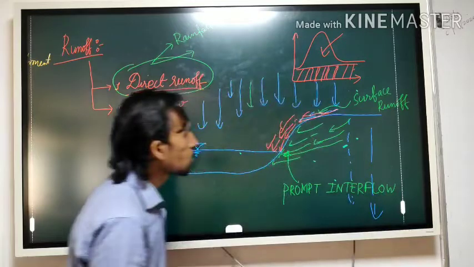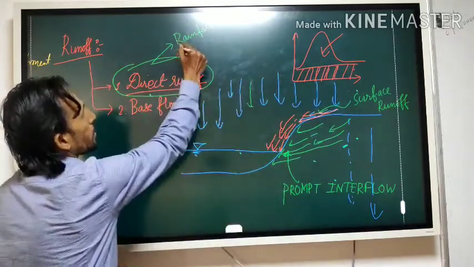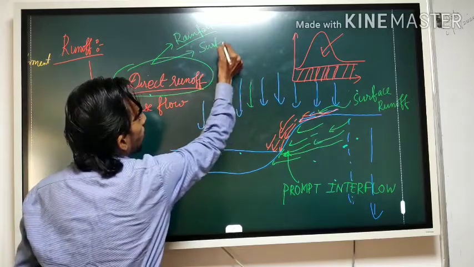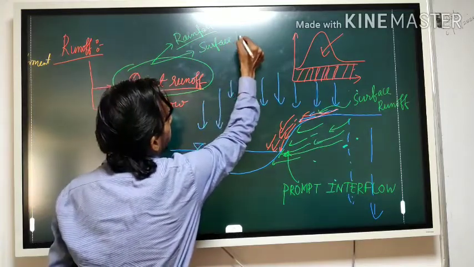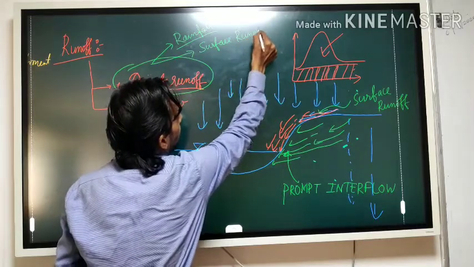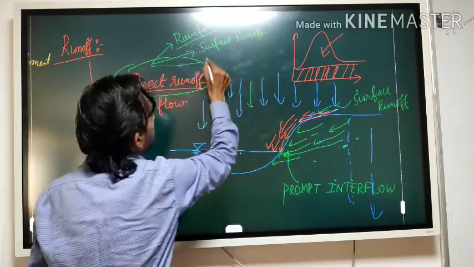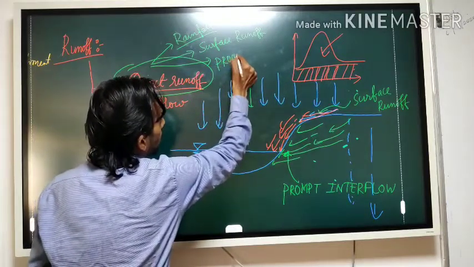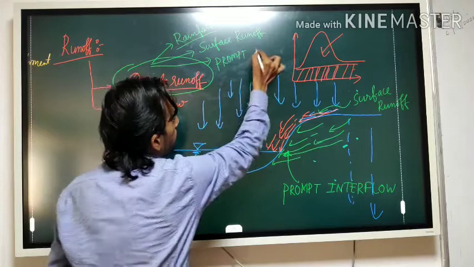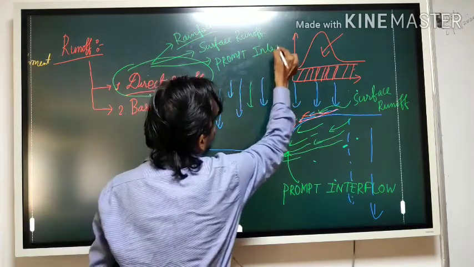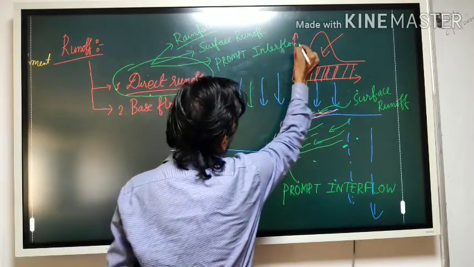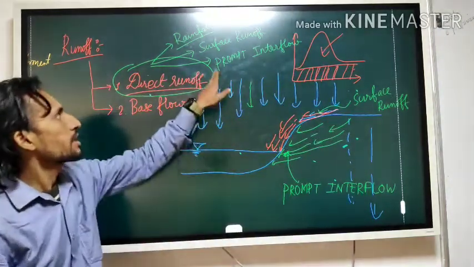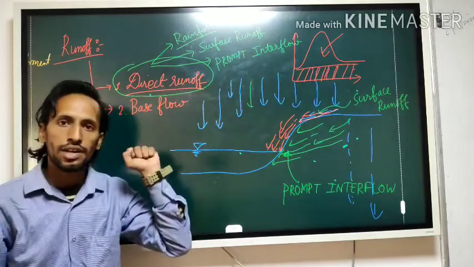So it is made of rainfall plus surface runoff, and third is prompt interflow. These three factors give the value of direct runoff.